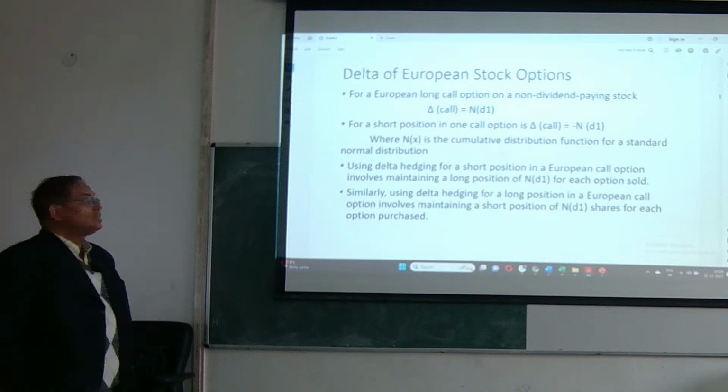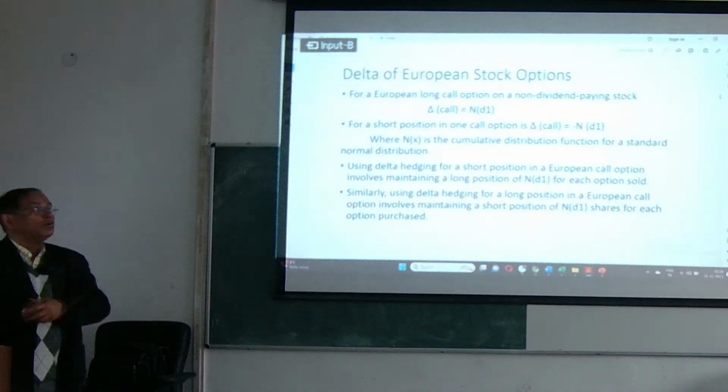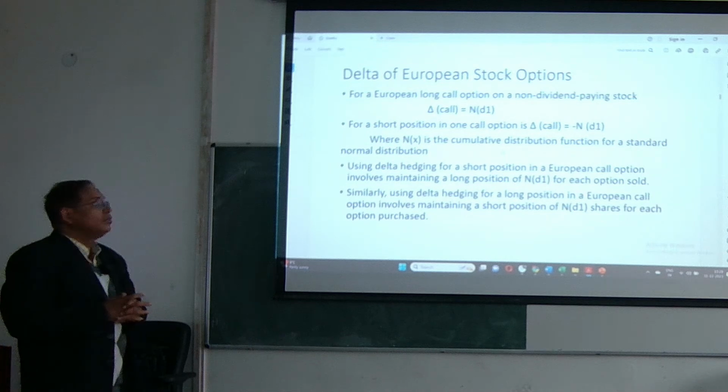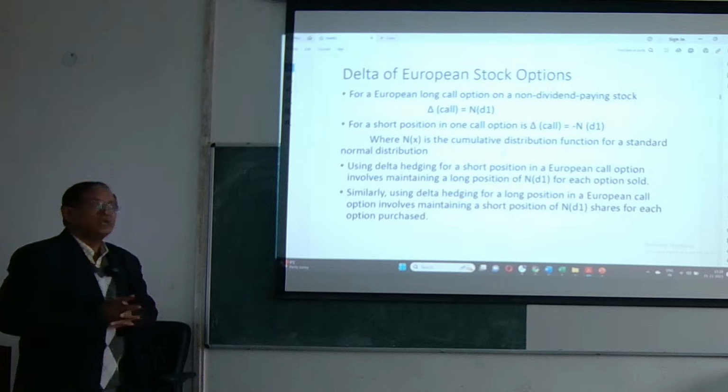For a short position, delta of call is equal to minus ND1. And we all know what ND1, ND2 are. ND1 is the cumulative distribution function for the standard normal distribution.